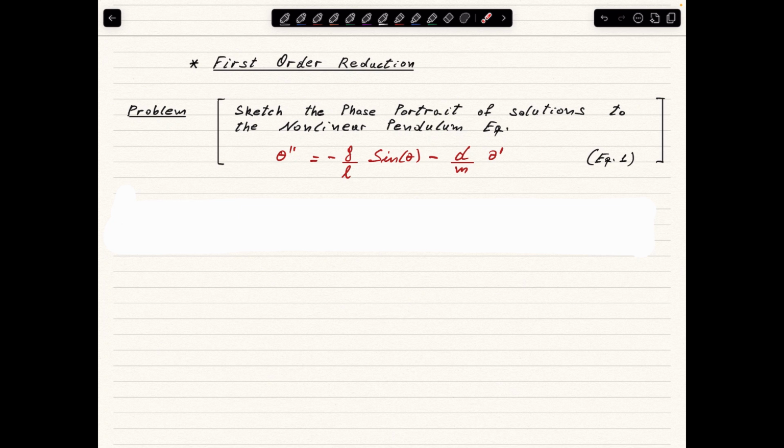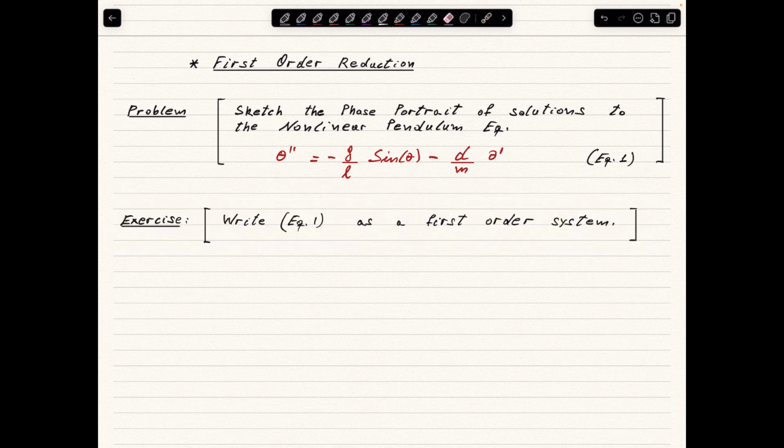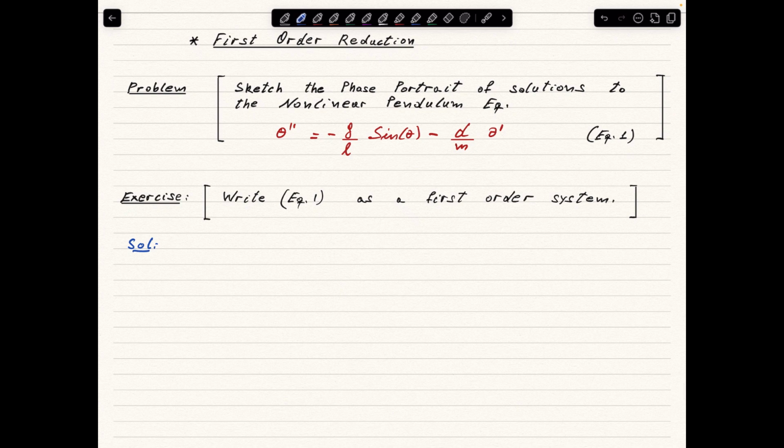So we need to write this equation, equation 1, as a first order system, and after we do that, we can study the phase portrait of the solutions. Okay, so how do we do that? Well, this first order reduction is simple. We do it in the same way we have been doing all these first order reductions.